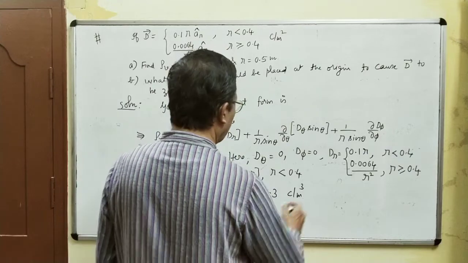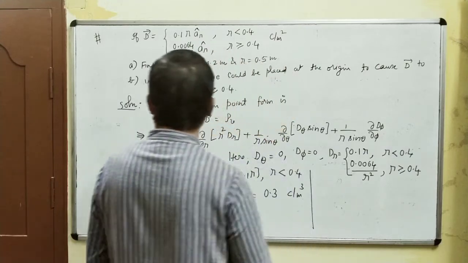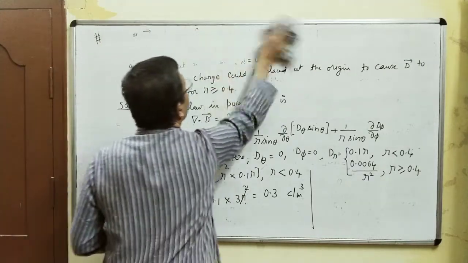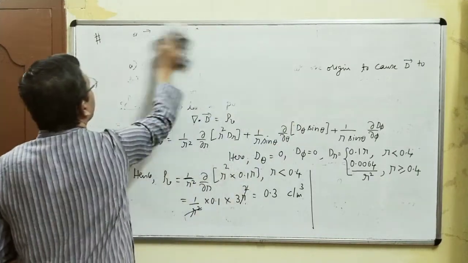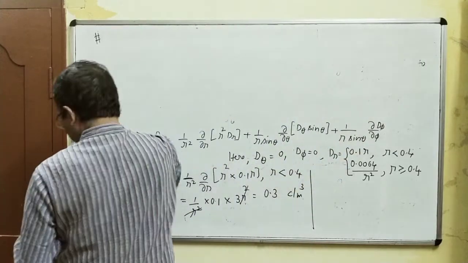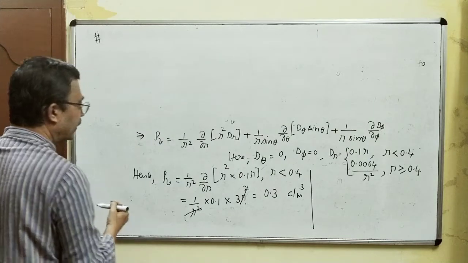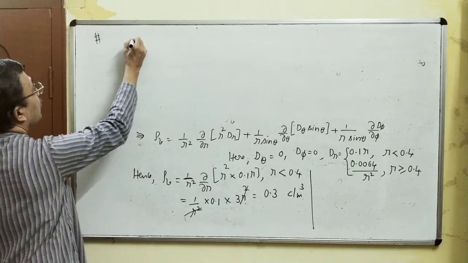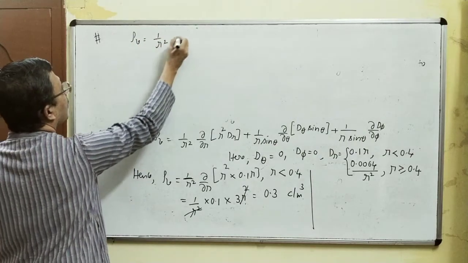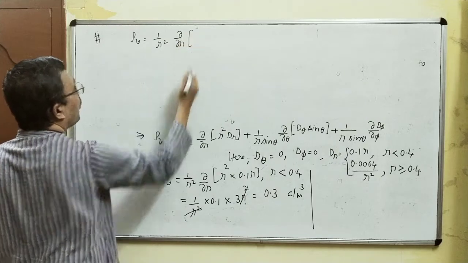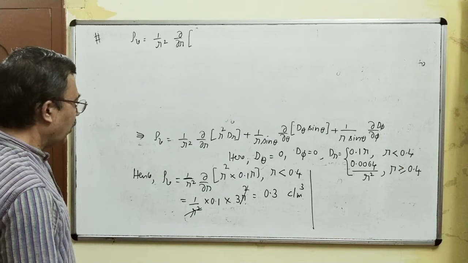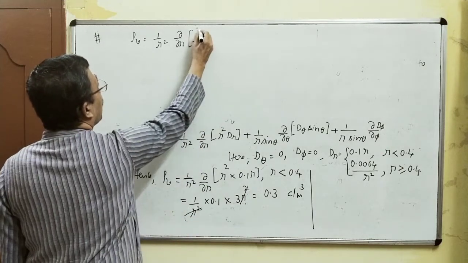When r is greater than 0.4, then what happens is, rho v is what? 1 by r square dou by dou r operating on r square into Dr. What is Dr?